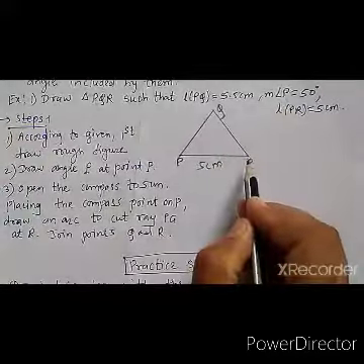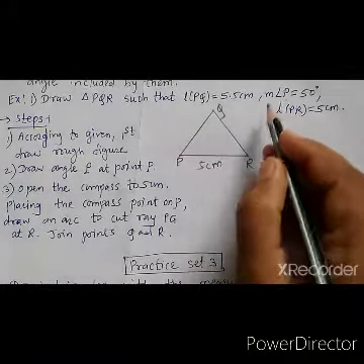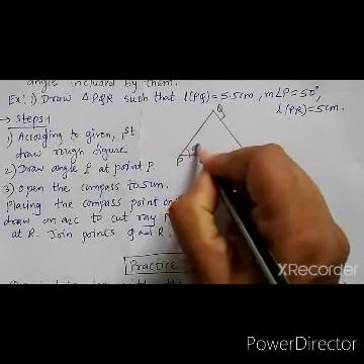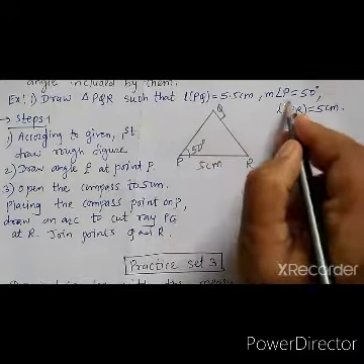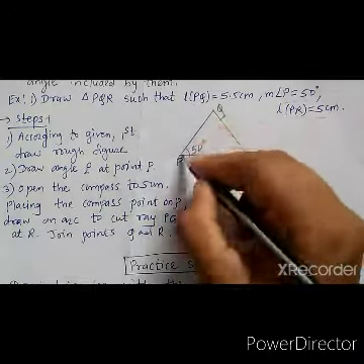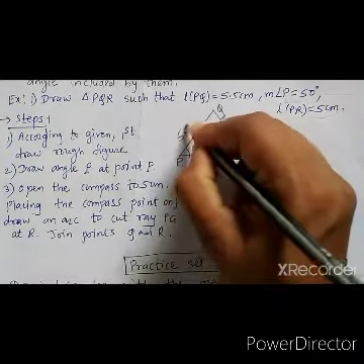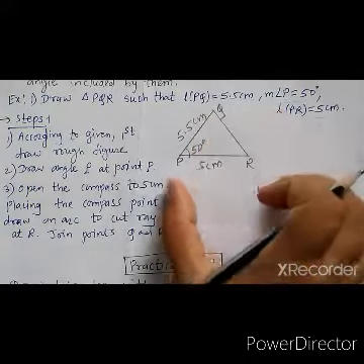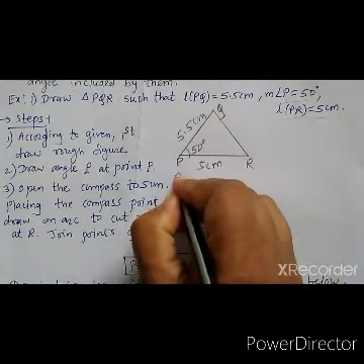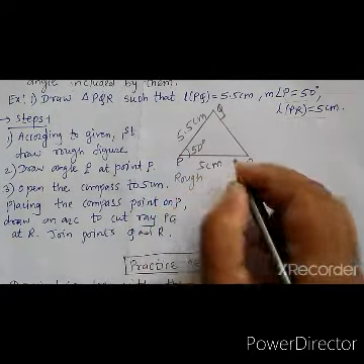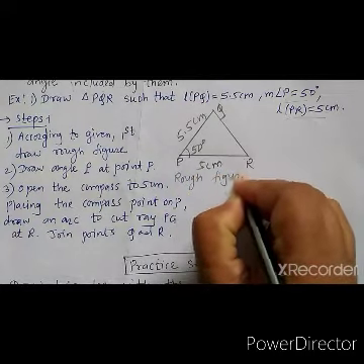Length of PR is given 5 centimeter. Angle P is equal to 50 degree. And length of PQ is given 5.5 centimeter. So by using this rough figure, we can draw the required figure.